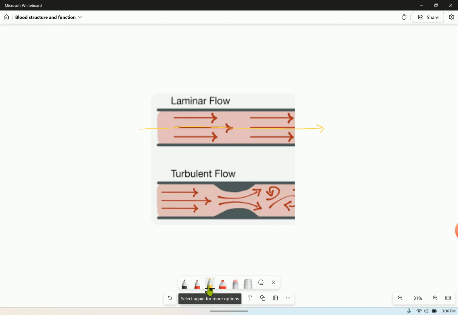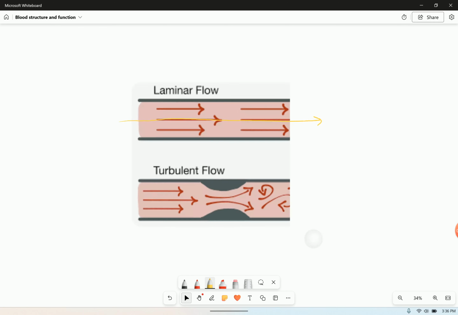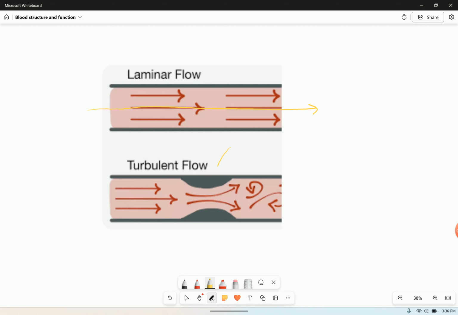So it's just a continual flow. And turbulent flow, there's some sort of blockage or kink, whether it's from the tube being pressed upon, or there's plaque and other buildup inside of the tube that causes a narrowing. What happens is it goes from laminar flow to now there's an interruption and the blood starts to swish back on itself. That's turbulent flow.